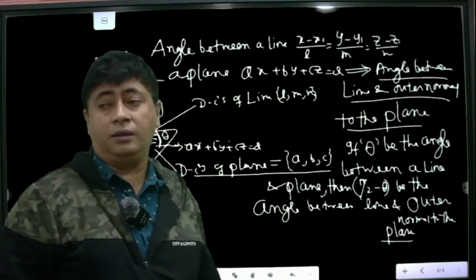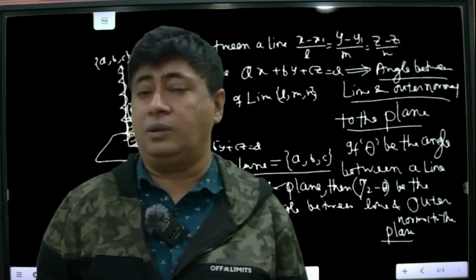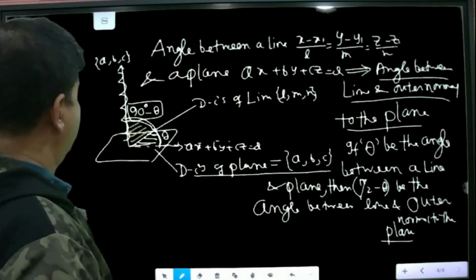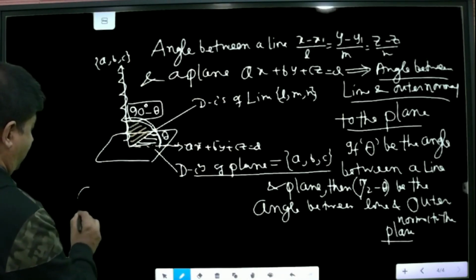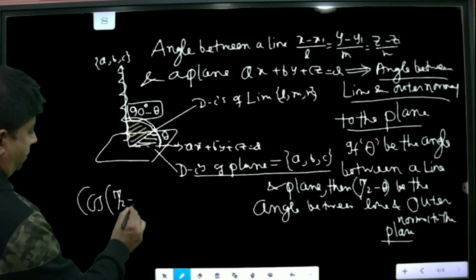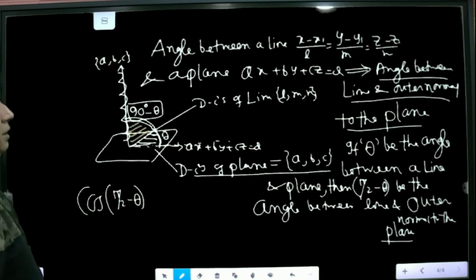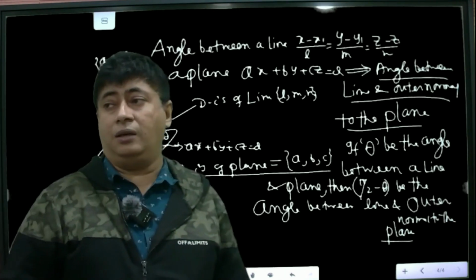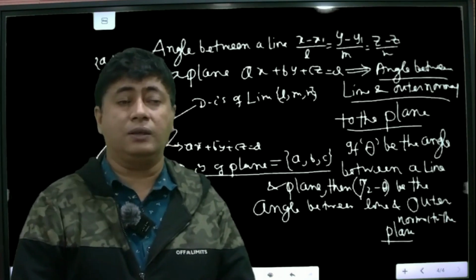So, in that case, cosine of pi by 2 minus theta.